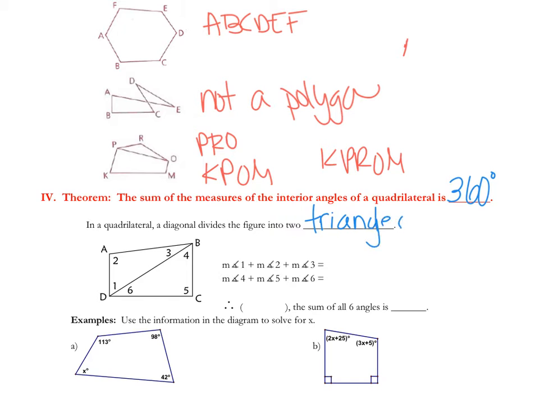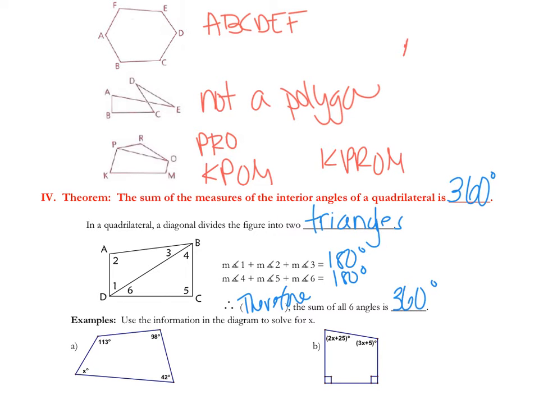Well, how many degrees are there in a triangle? If we add up angles 1, 2, and 3, that's going to be 180 degrees. If we add up angles 4, 5, and 6, that's going to be 180 degrees. Therefore, which, by the way, is what those little three dots mean, the sum of all six angles is 360 degrees.